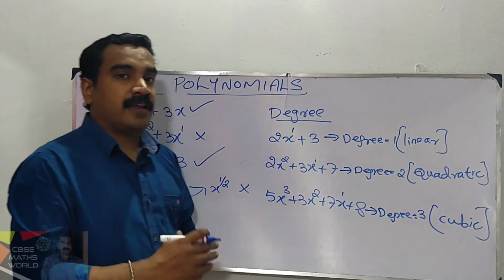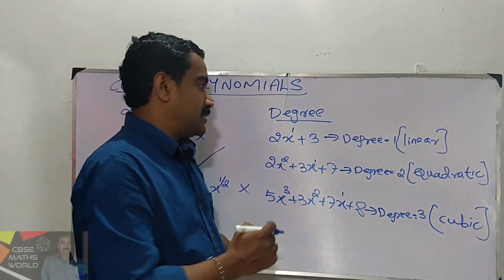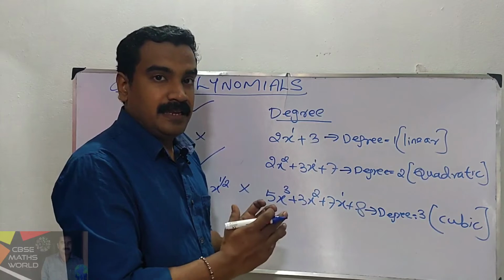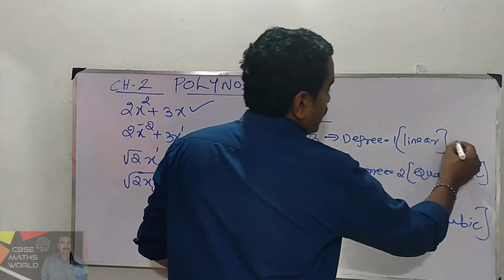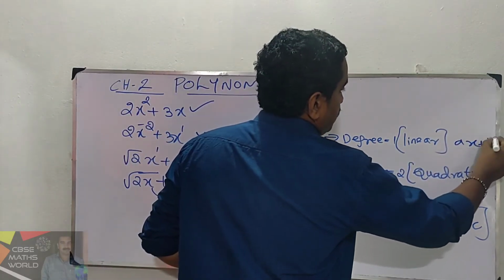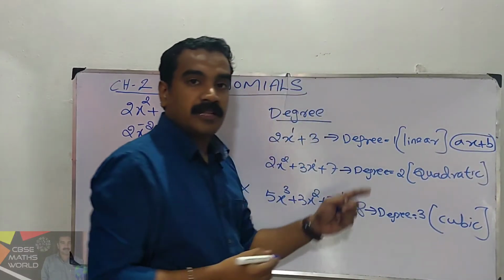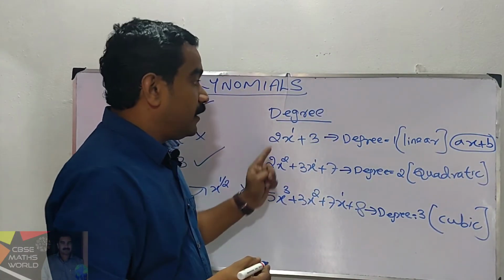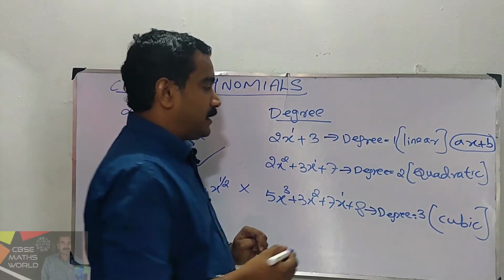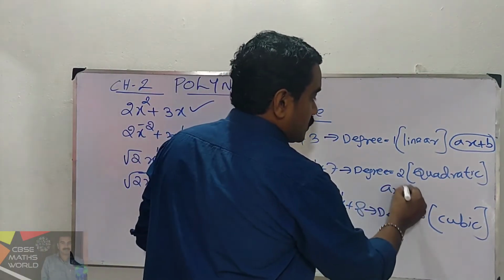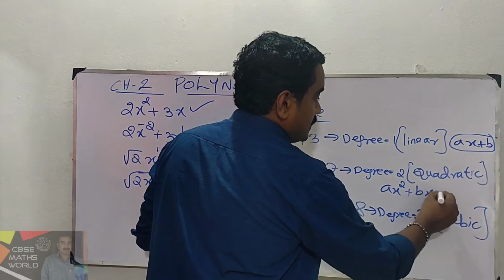So we have a general formula for writing this type of polynomial. If it is linear, what is the general formula? ax plus b. ax plus b is the general formula for the linear polynomial. If the degree is 2, it is known as quadratic. What is the general formula? ax square plus bx plus c.